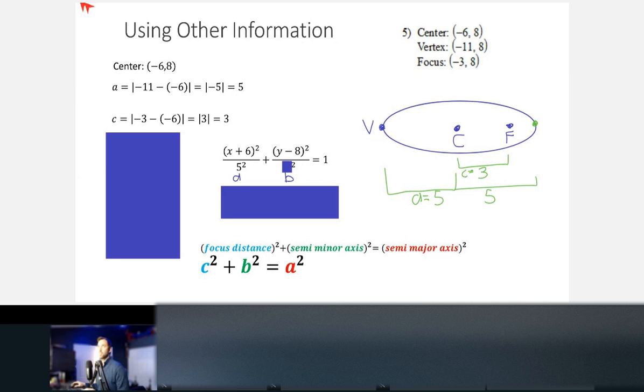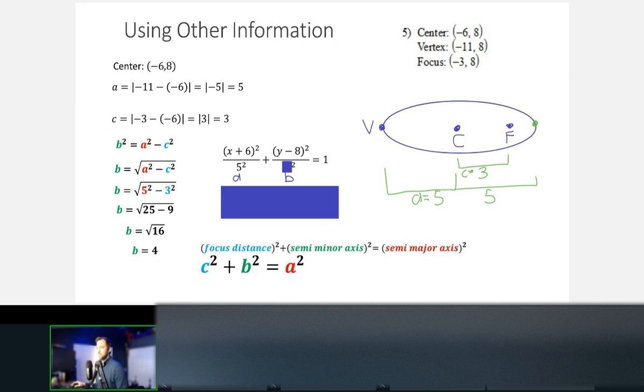So here's the work. I actually solved for B, but I could have left it in the form of B squared, so B squared is equal to A squared minus C squared. I could have just found B squared to equal 16.